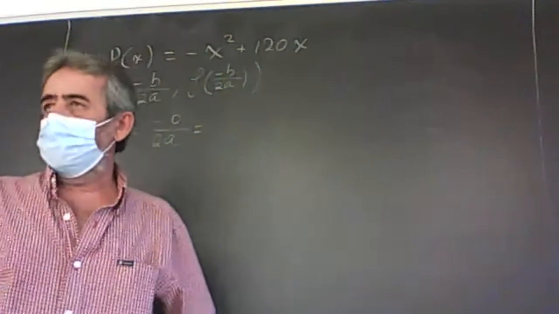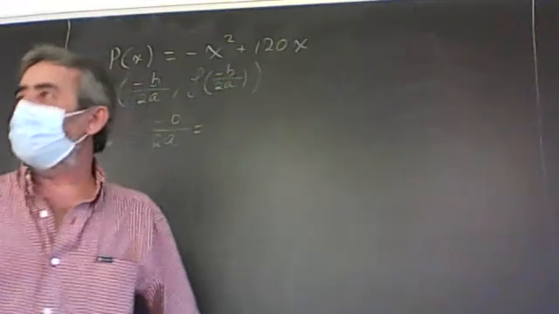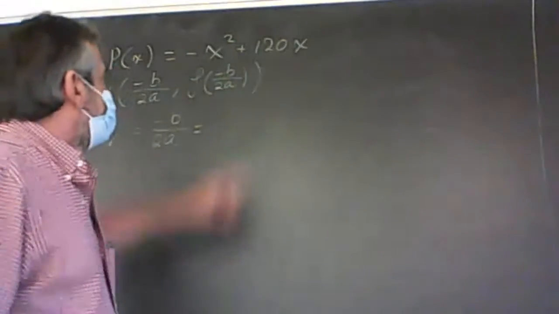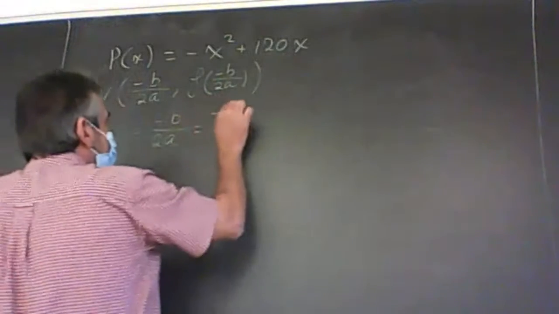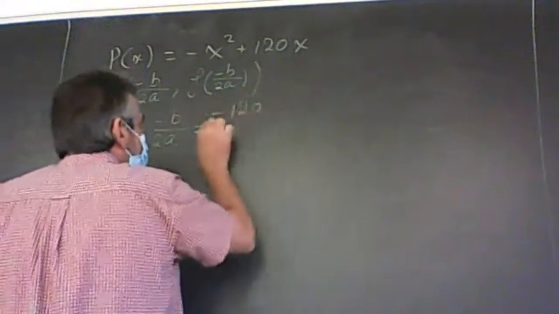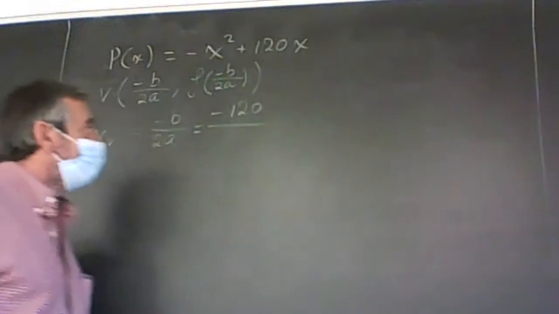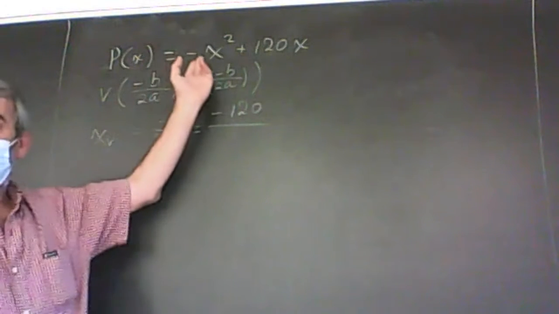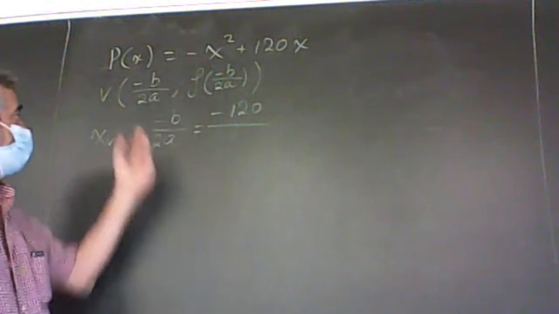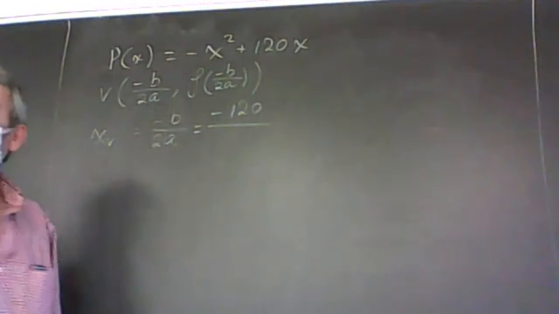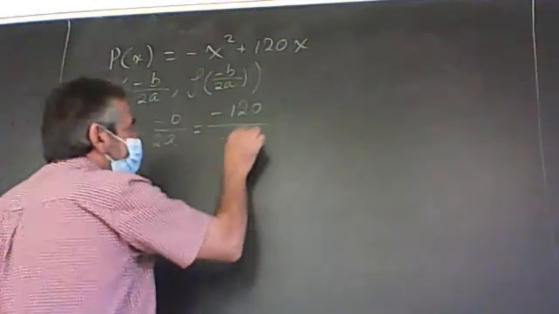120. b is the value, the number in front of x. So x is here, in front of x we have 120, so that's negative 120 divided by, now a is negative 1, yes? And 2 times negative 1 would be negative 2.